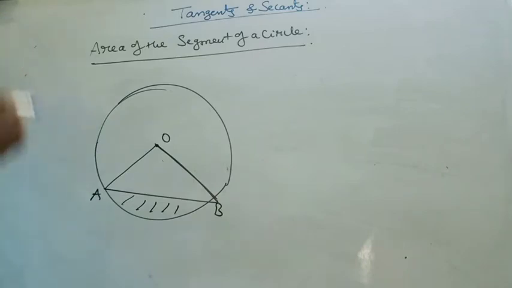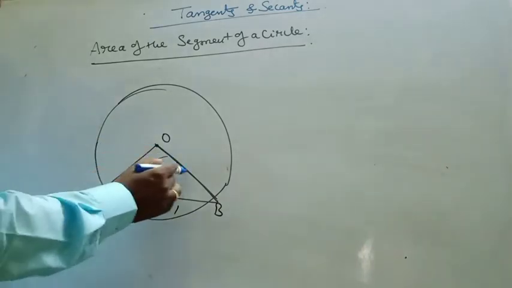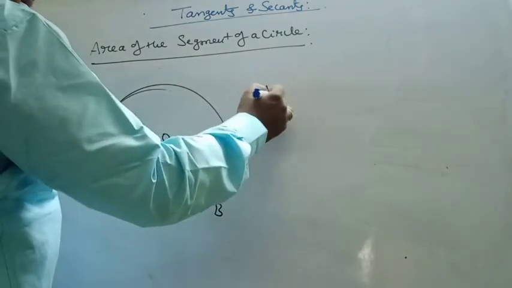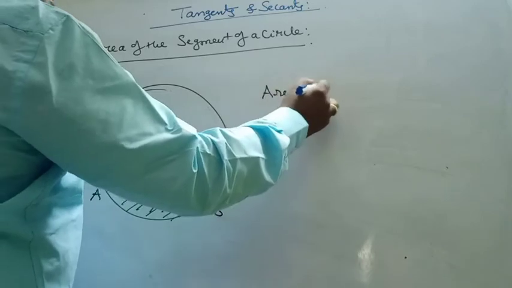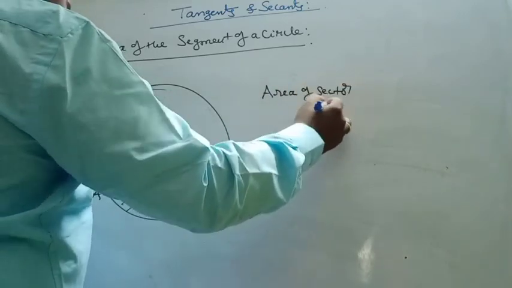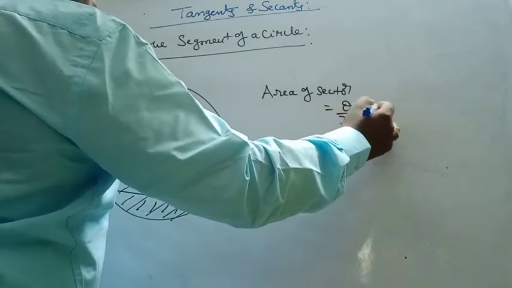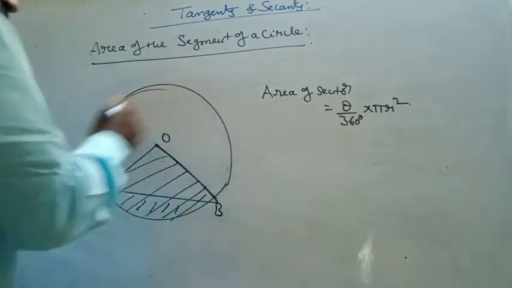I know how to find sector area. Area of sector is equal to theta by 360 degrees into pi r square, because that is part of the area of the circle.